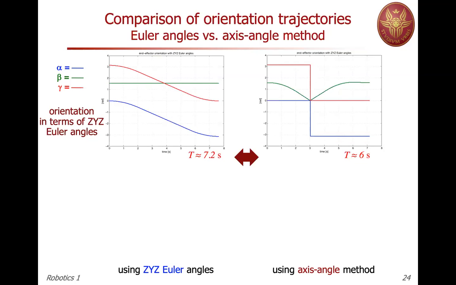Okay, now let's look at the orientational part. In fact, you can see on the left side, in 7.2 seconds, now these are plots over time, how the triangle changes. The second angle of the ZYZ representation did not have to change.